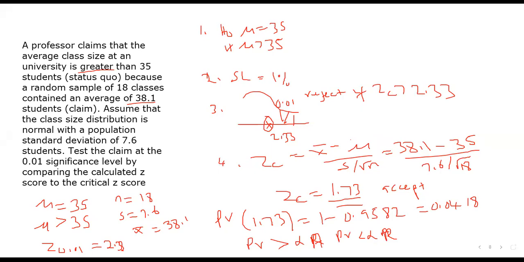Who wants to try? What are we given? What have we been given in that question? We've been given mu and the standard deviation of 300.